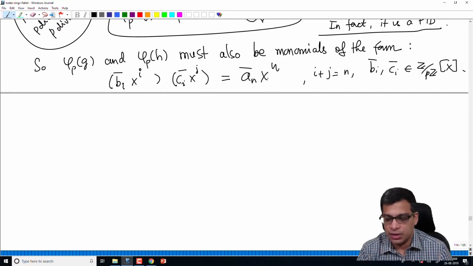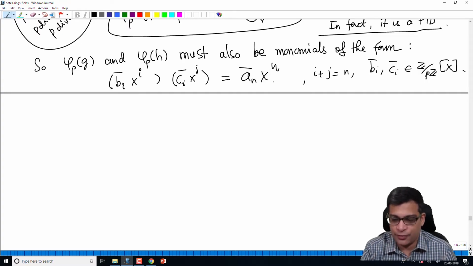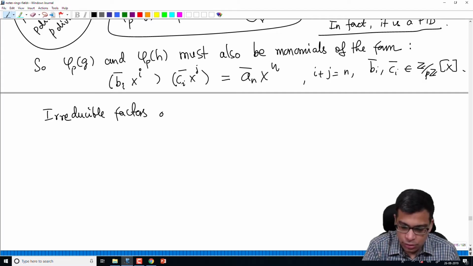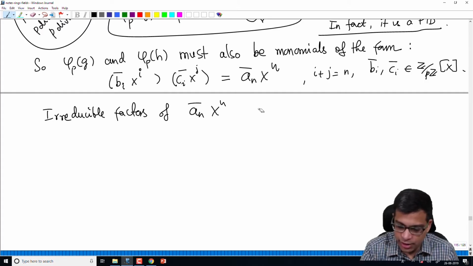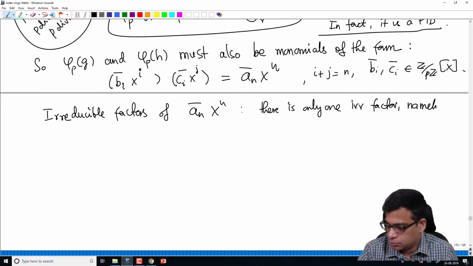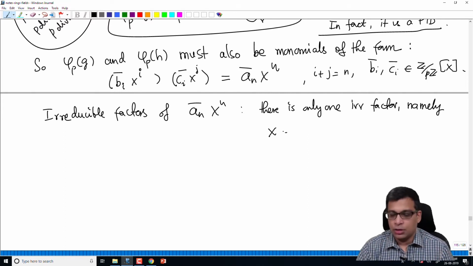In other words, another way of saying this is, what are the irreducible factors of an x power n? There is only one irreducible factor, namely x. X power n has only one irreducible factor.